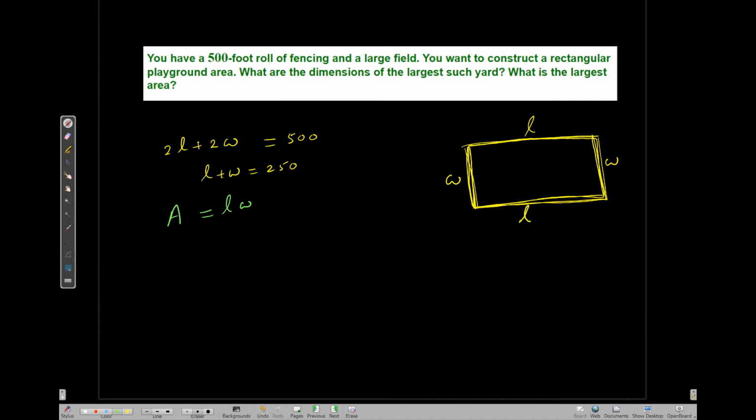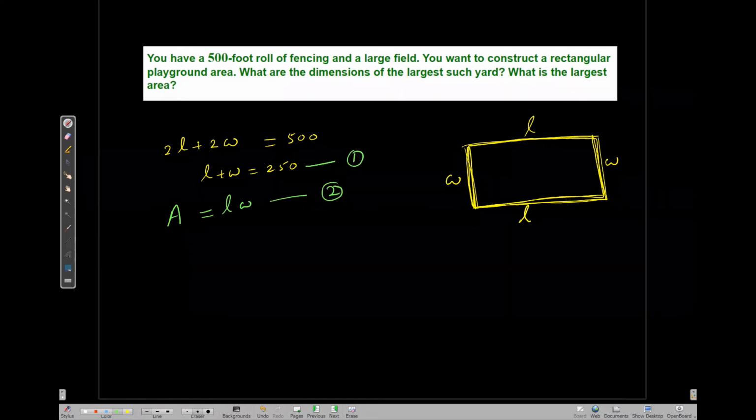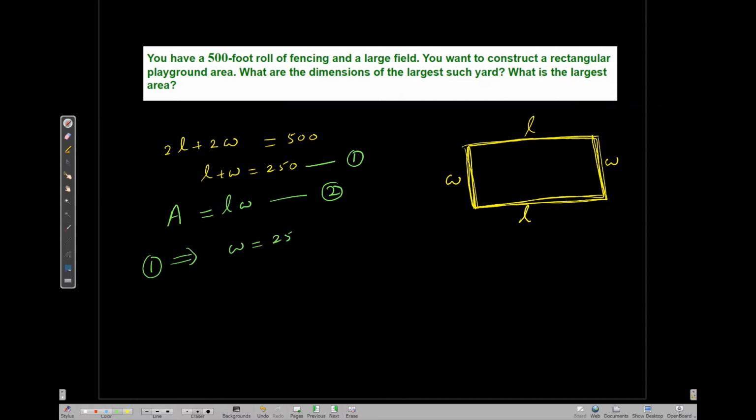Now, since you have two variables here, let's call this the first equation and this the second equation. I would like to make the second equation into a one variable equation. So from 1, I will solve for W. W is going to be 250 minus L. And I will plug this into 2.